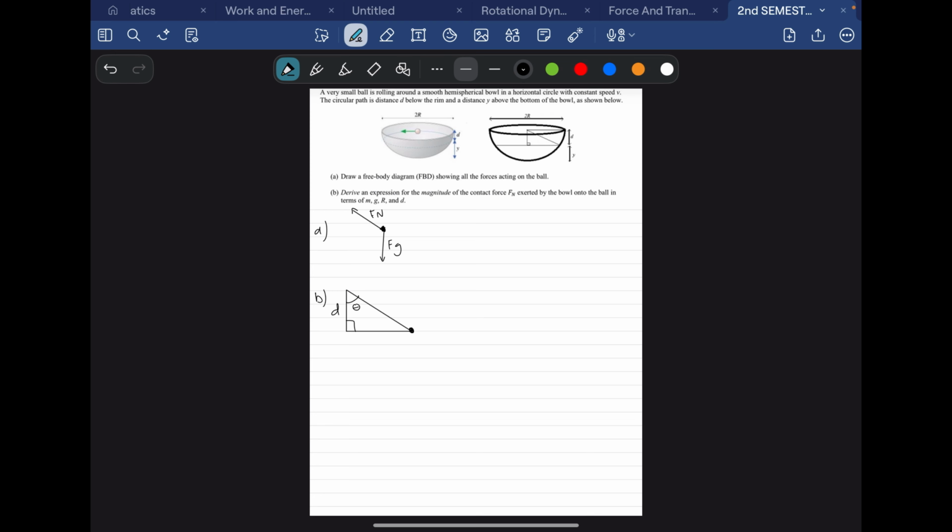It has a height of d as given in the second diagram, and then I'll treat the radius as r, or this leg as r, and then the hypotenuse as capital R. And then we know that this length is Fn, this is Fnx, then this is Fny, right?